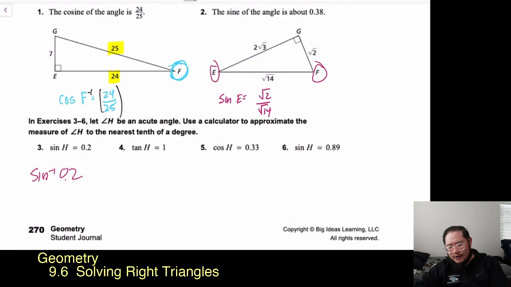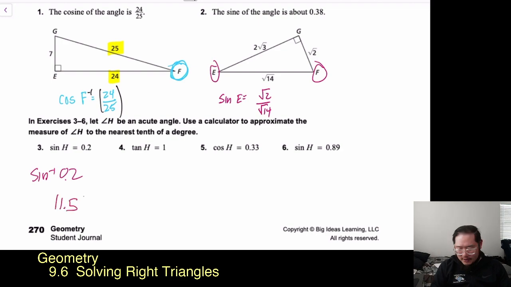You've got the second command, and then most likely you'll press the sine key, and if you look above that button, you'll see the sine negative first power. And so when you go ahead and plug that in, right here, we round this to the nearest tenth, and I get 11.5. And if you're not getting 11.5, check your settings, make sure it is in degrees.